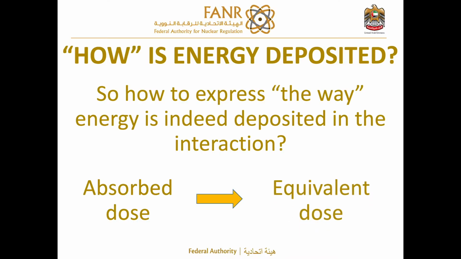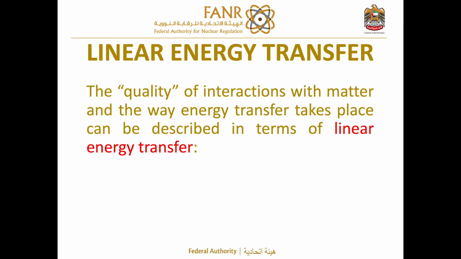So from absorbed dose, we now move towards another quantity called equivalent dose, which describes the way the interaction takes place in the material. So the radiation and its way of interaction with the material. Now, how can you describe this quality of the radiation interaction with a material?